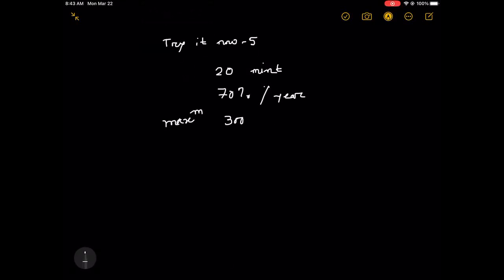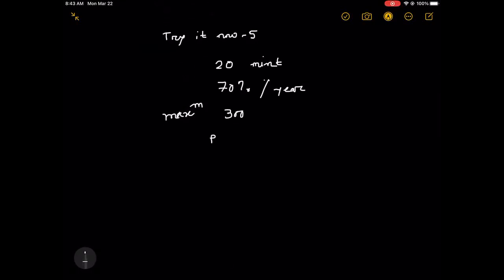Okay, so we're looking for the population in the next 3 years. All right, so these are the pieces of information we have, and using them we are trying to solve. First of all, we'll try to model this.